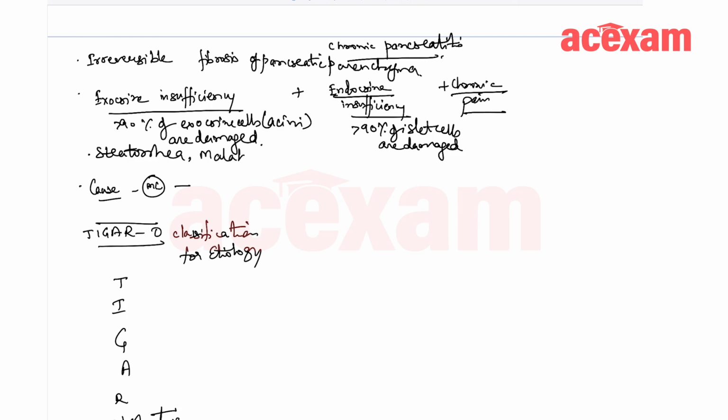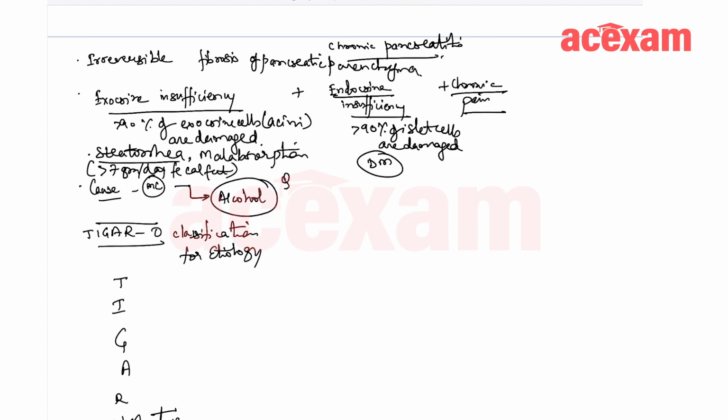But these are the possible causes of pain in chronic pancreatitis. With this exocrine deficiency, the patient will have steatorrhea, because there is fat malabsorption, or indigestion, you can say. What is the definition of steatorrhea? When there is more than 7 gram per day fecal fat excretion.